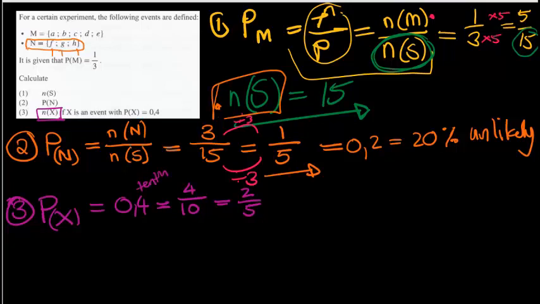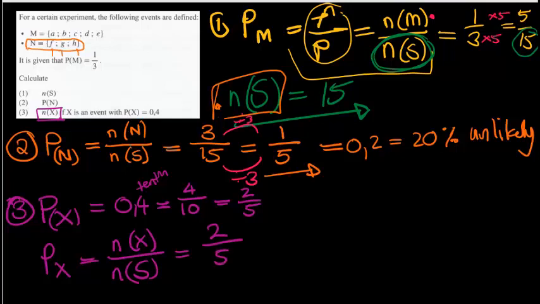So it's 4/10. Now that I know that the probability of X is 2/5, I also know the probability of X is going to be NX over NS. Now I'm saying that 2/5 should be NX over NS. When I go back to my NS, I want this number to be equal to 15, right? But it's 5.